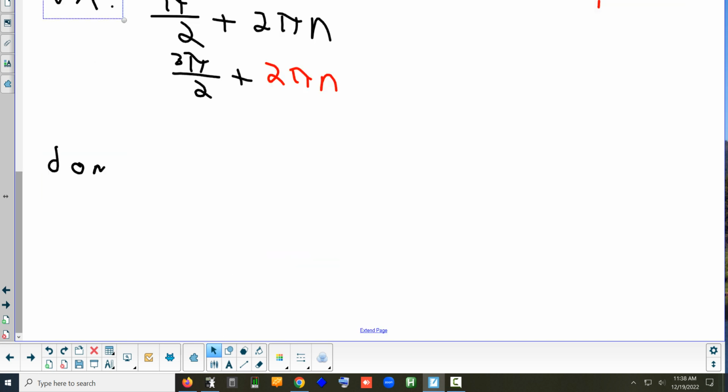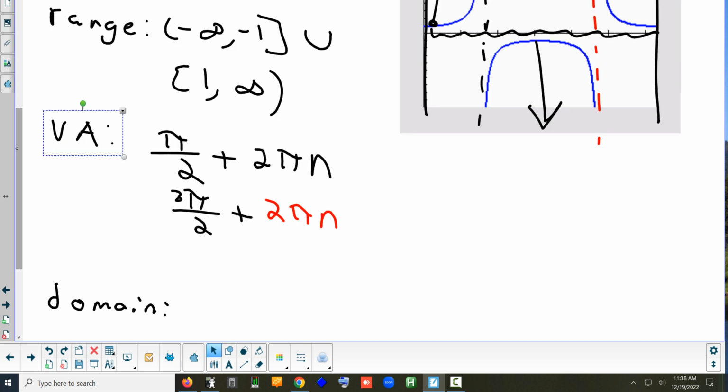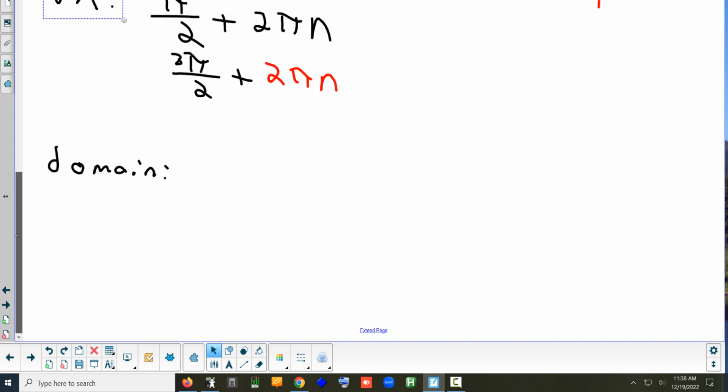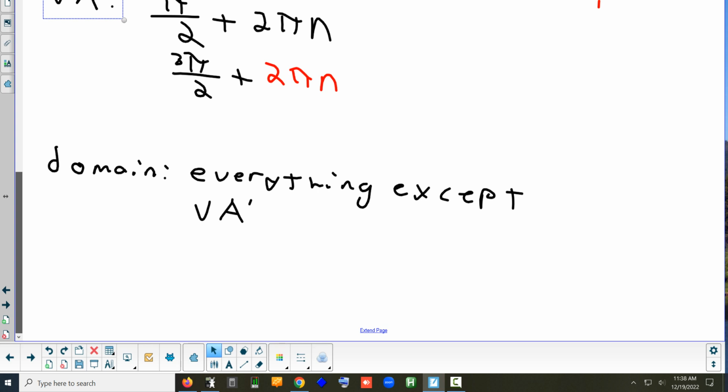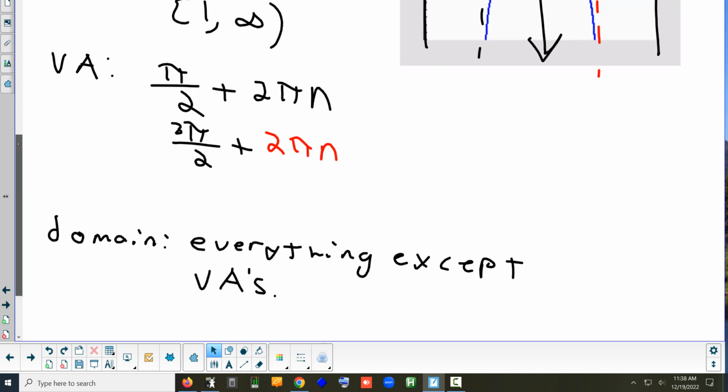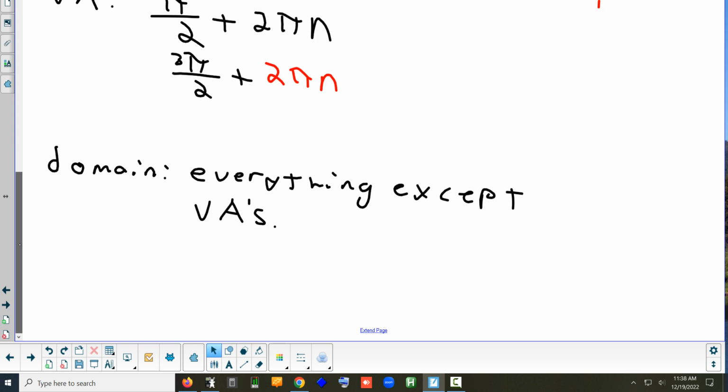Well, the domain is really everything except what? Yeah, it's everything except the vertical asymptotes. So everything except the vertical asymptotes. How would you write that? More numerically?